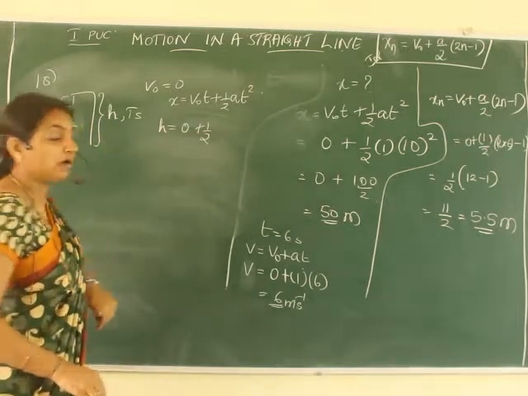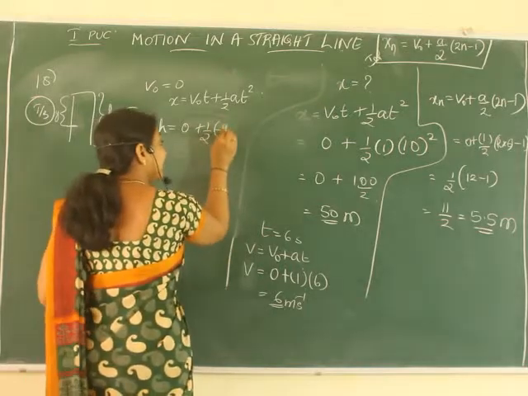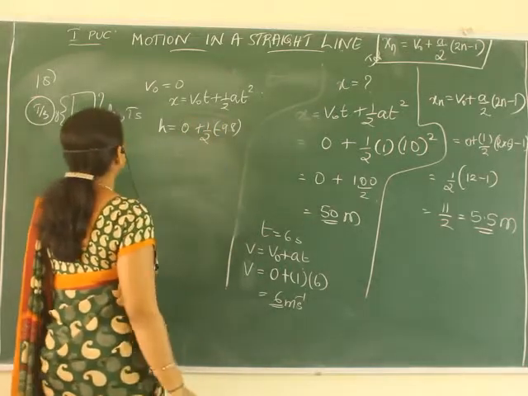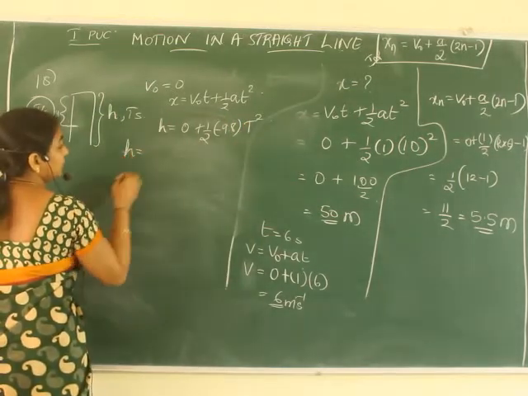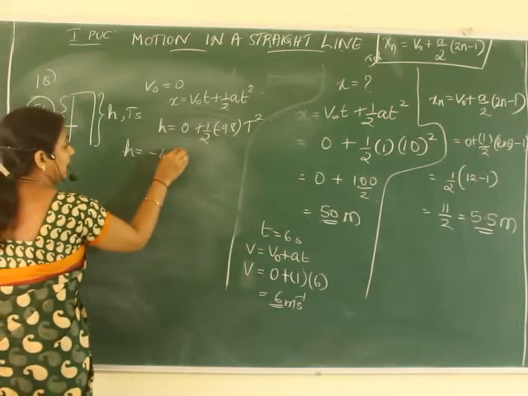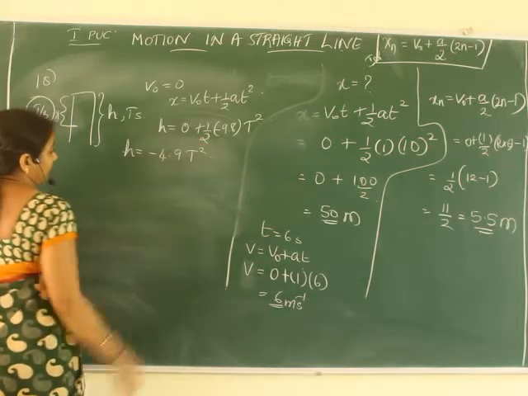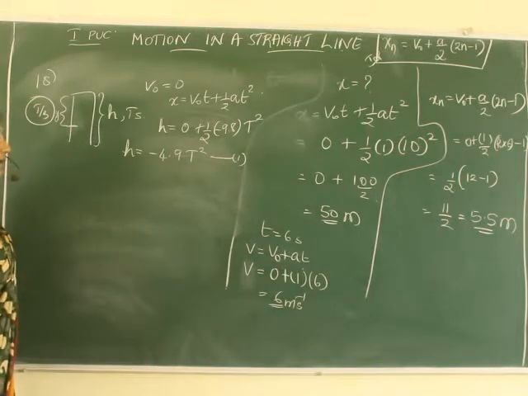It is coming down, so acceleration due to gravity is minus 9.8, times t square. So h is equal to minus 4.9 t square. Let it be equation number 1.